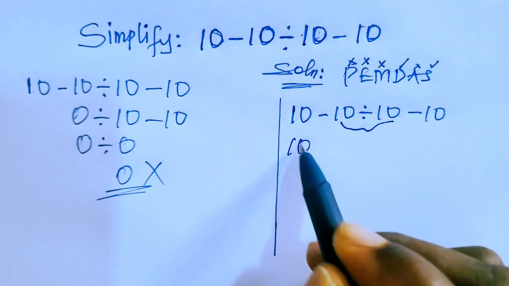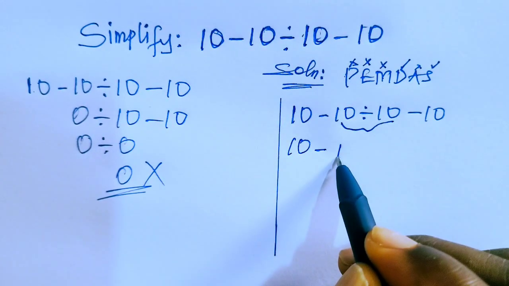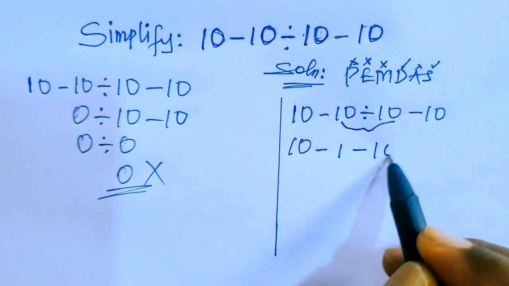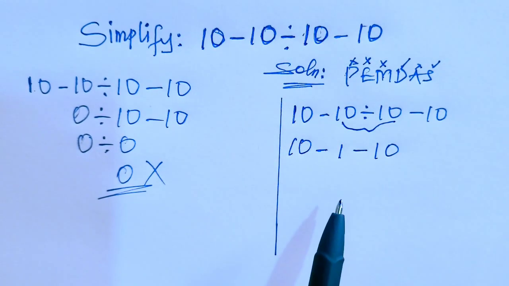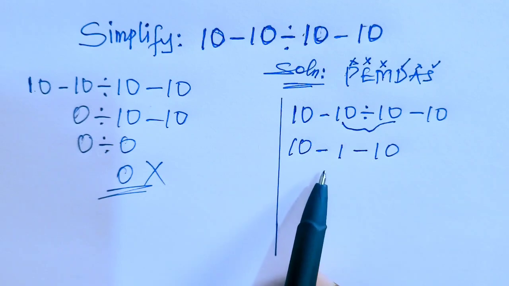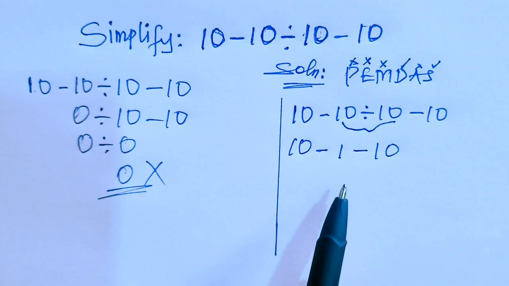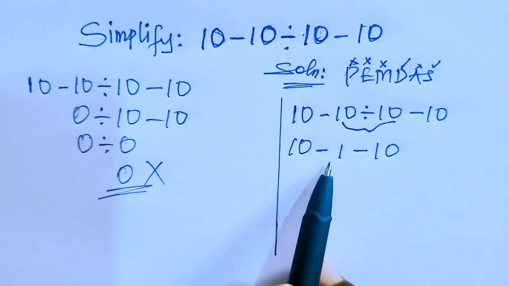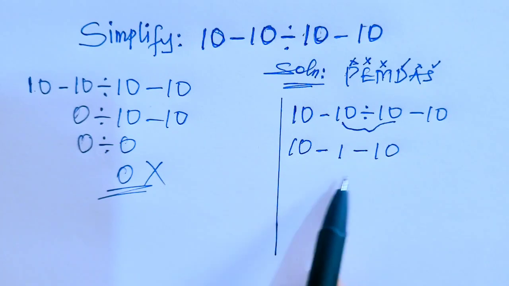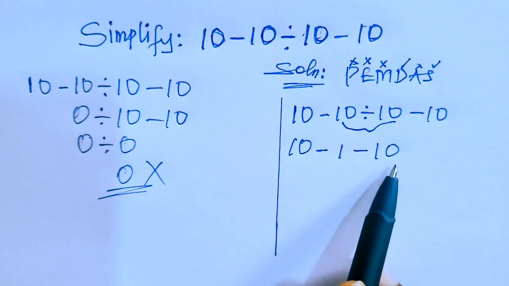We are going to have 10 minus 10 divided by 10, that will give us 1. Minus 10. Then at this very point, you can take your subtraction in either way. You can have 10 minus 1, and you can also do it this way, minus 1 minus 10.